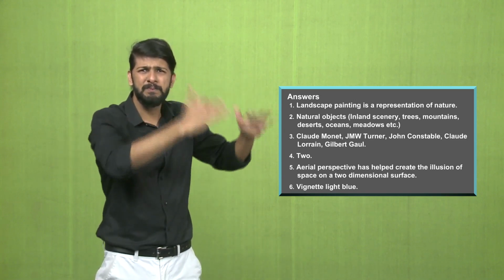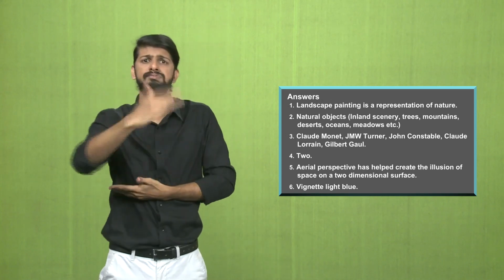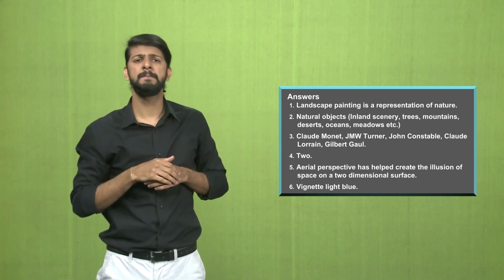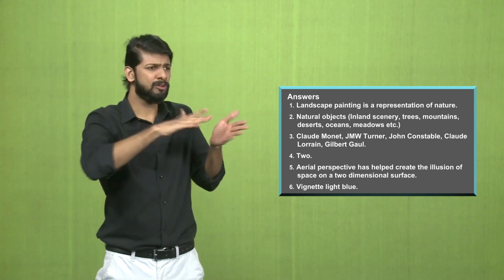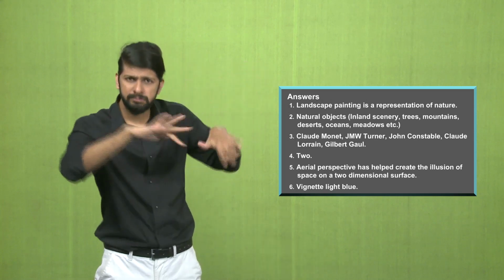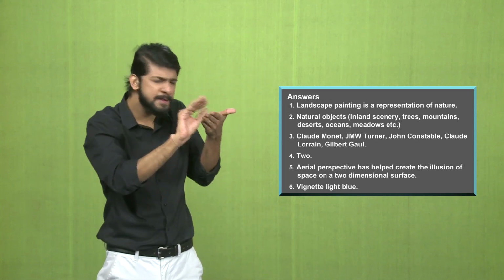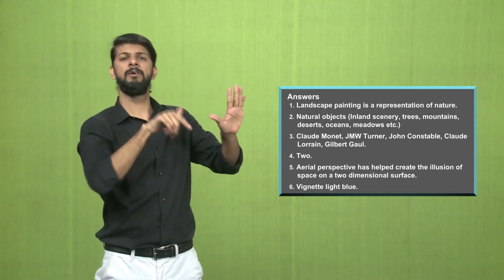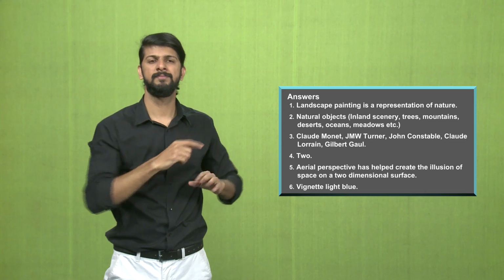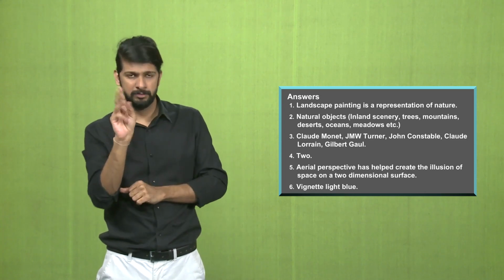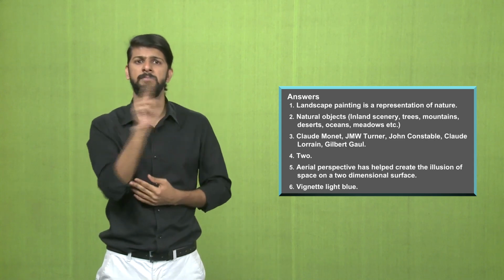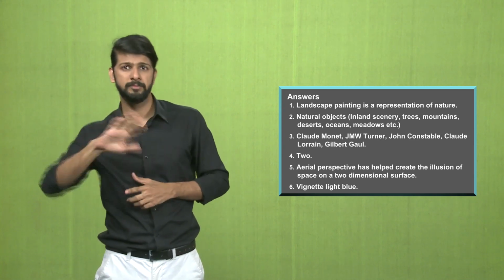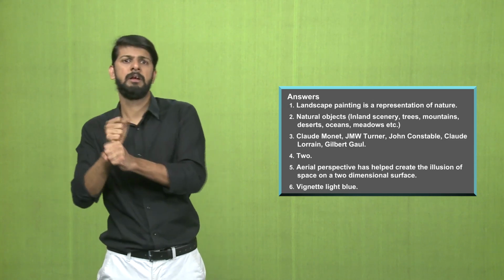Landscapes depict natural objects like inland sceneries, trees, mountains, deserts, oceans, meadows, etc. Answer number 3. 5 famous artists of landscape paintings: Claude Monet, J.M.W. Turner, John Constable, Claude Lorraine and Gilbert Gall.